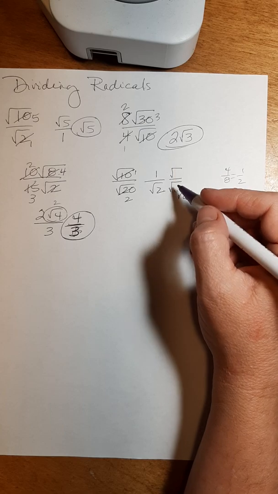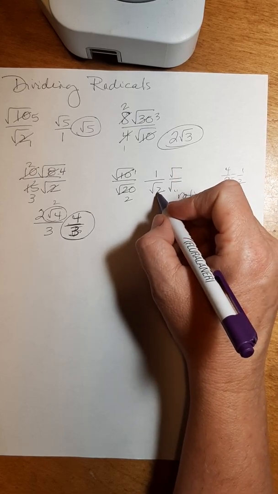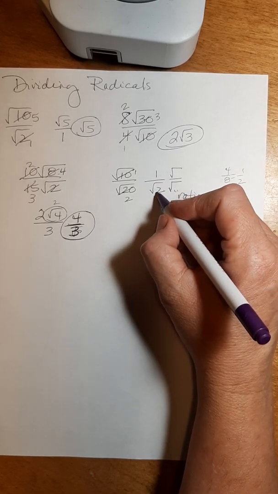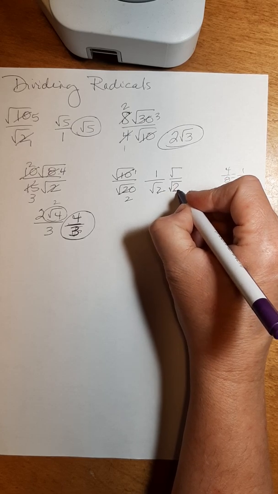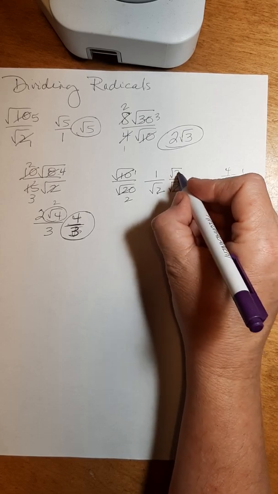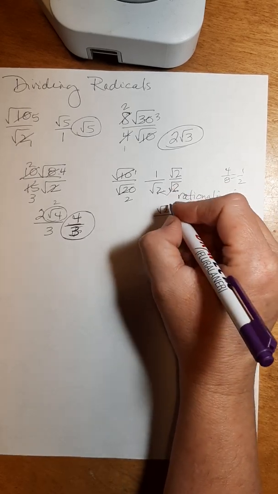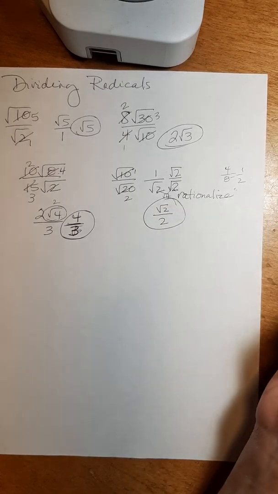It's just a square root over square root. So what could we multiply by to get a nice whole number? Well, square root of 2 times square root of 2. So that would be square root of 2 over square root of 4, which is 2.